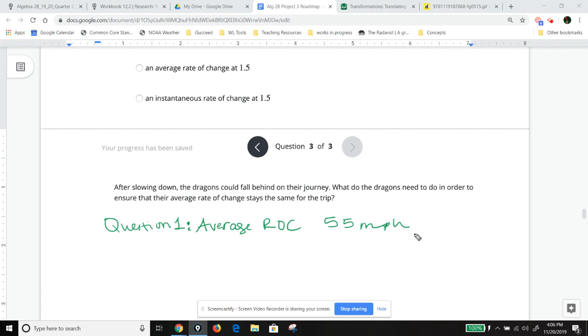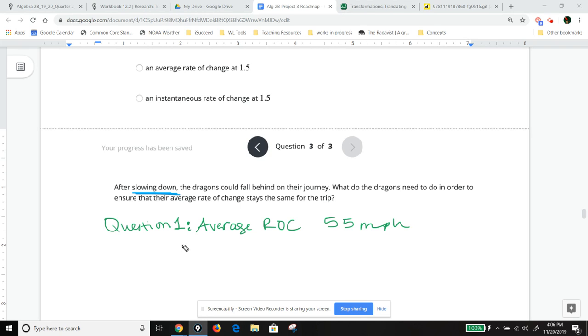But now they're saying the dragons fall behind because they slow down. If they've slowed down from their average, what do they need to do to bump back up to their average? They should probably speed back up.